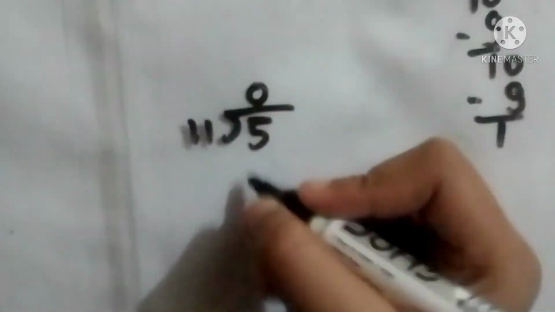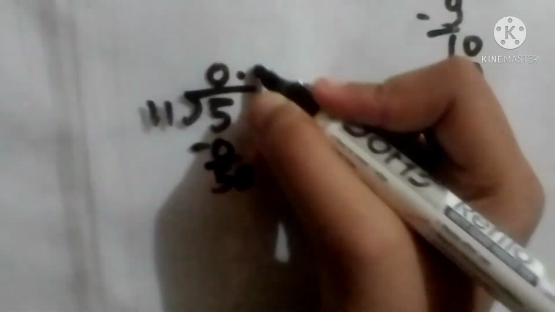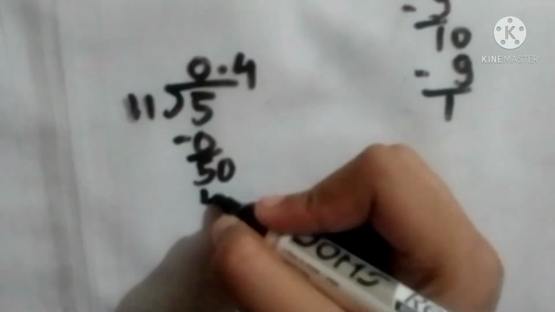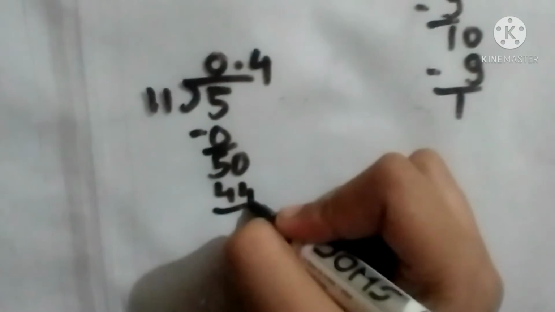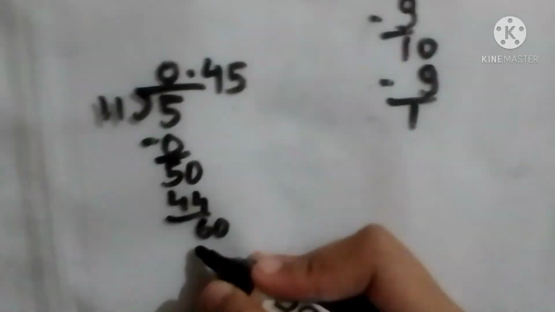Now we will see another example. We will divide 5 by 11. 11 zeros are 0. Then 5. We will put a decimal. It will become 50. 11 into 4 is equal to 44. Remainder 6, so 60. Then 11 5s are 55.